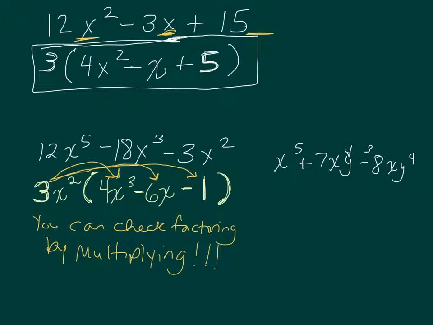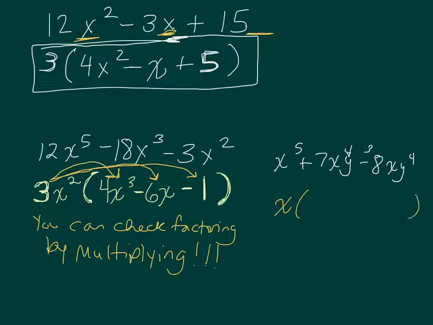They each have an x in them, but the smallest x I have is just x, so I can take an x out. And there's a y in 2 of them, but not the other. Because y doesn't occur in all 3 of those, I can't get a y out. The only thing I can get out of here is just x.